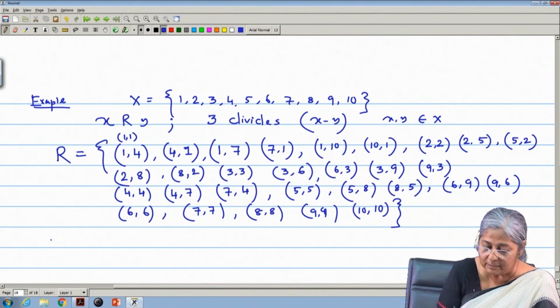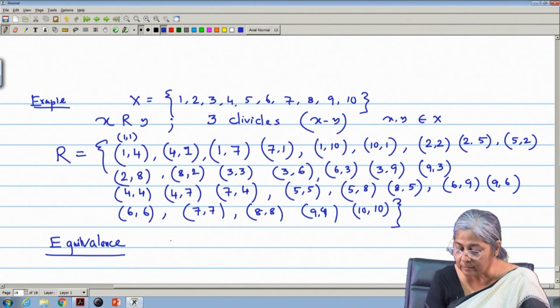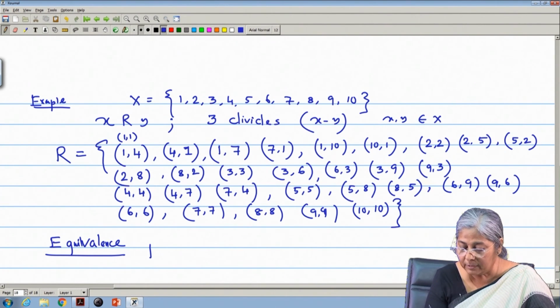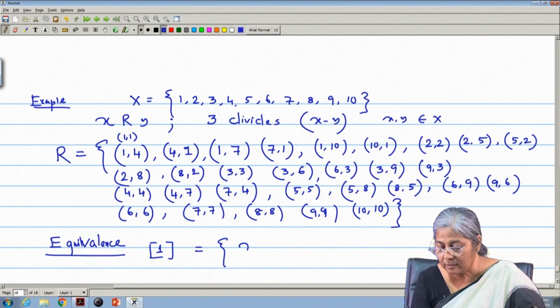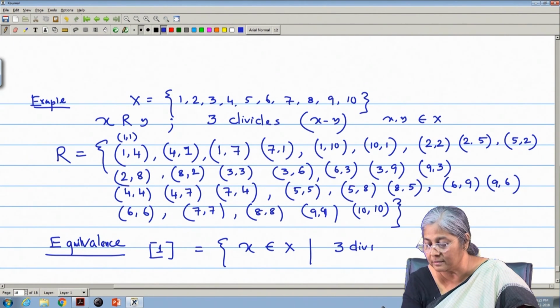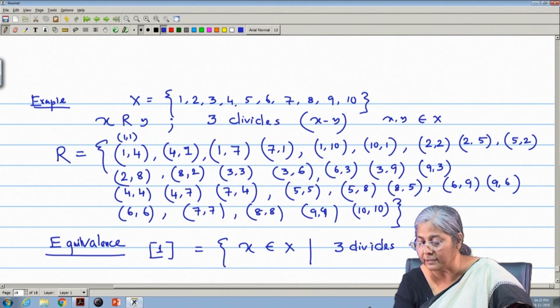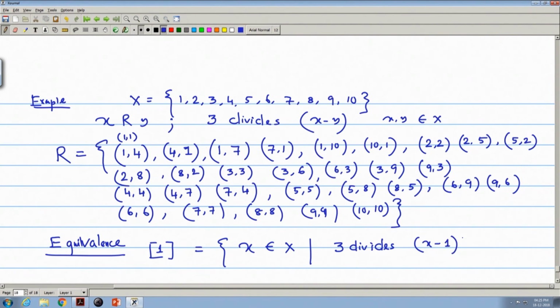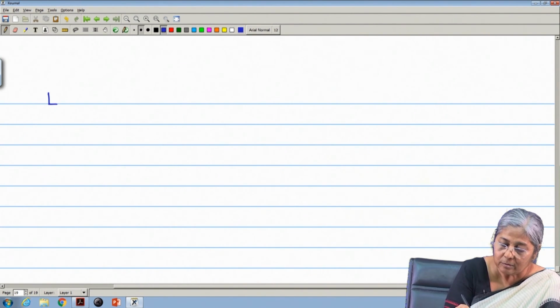Now, what will be my equivalence class from here? I can consider the equivalence class as follows: say I am writing the box [1], I define x belonging to X such that 3 divides x minus 1. So, what will be my [1]?